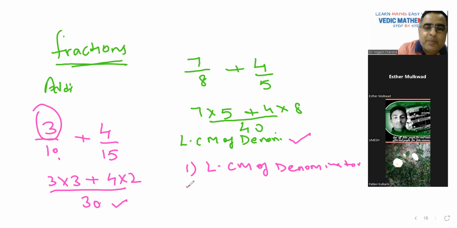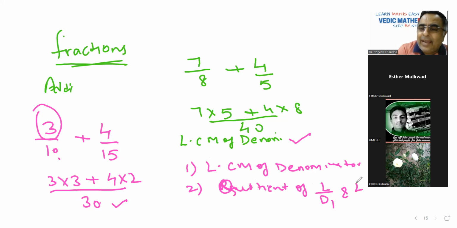At second step you are finding for every ratio or quotient, I would say quotient of LCM divided by D1, and then LCM divided by D2.